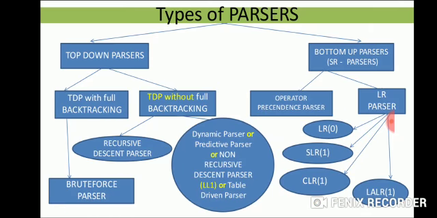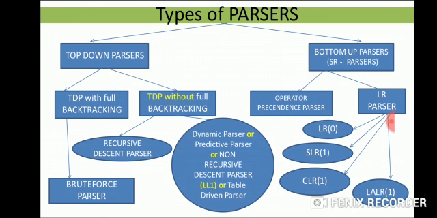As you can see on this screen, there are two types of parsers available: top down parsers and bottom up parsers. Top down parsers are further divided into two: top down parsers with full backtracking and top down parsers without full backtracking.